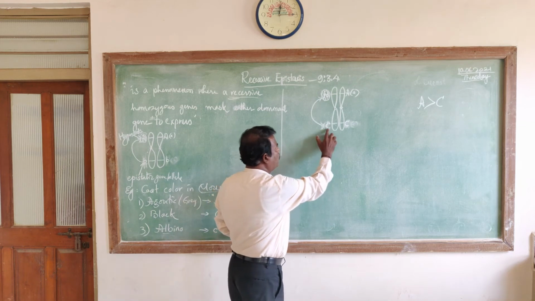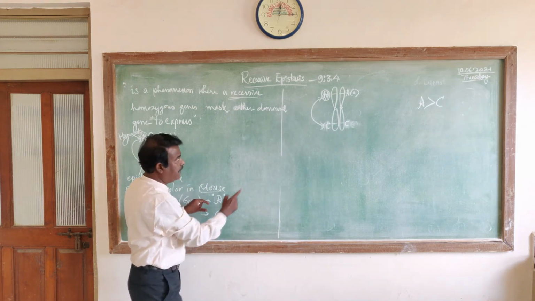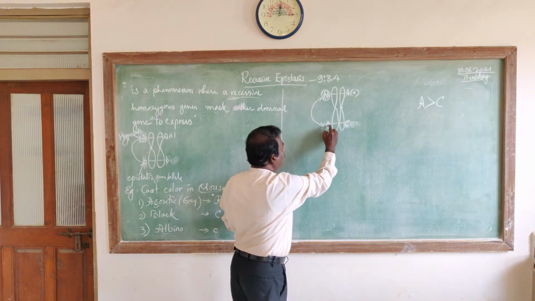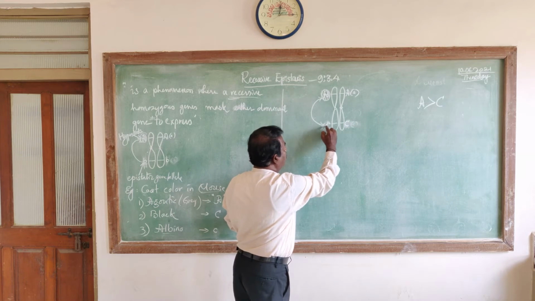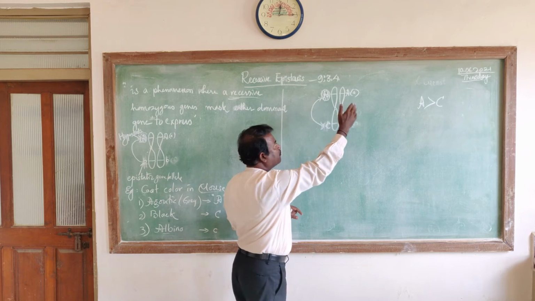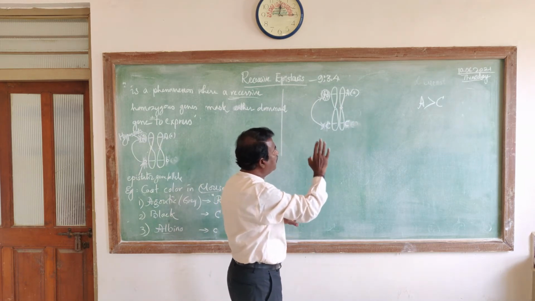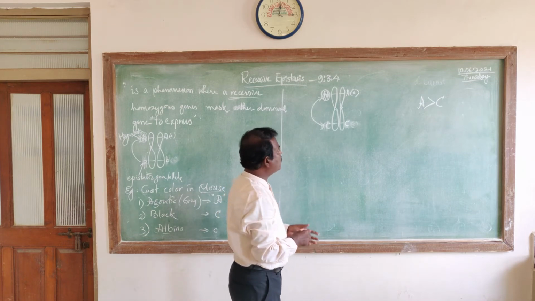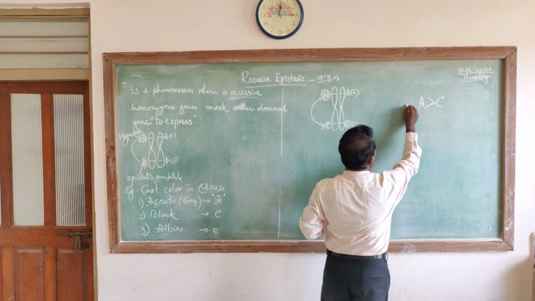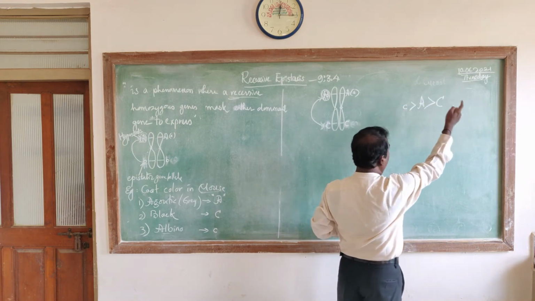And this small c recessive allele of this capital C for black color, if it is present, this recessive allele small c can mask the expression of this capital A gene for agouti color expression. So something different, and how this is possible by means of crossing it we can understand. So that I will write like small c can dominate capital A for agouti color.